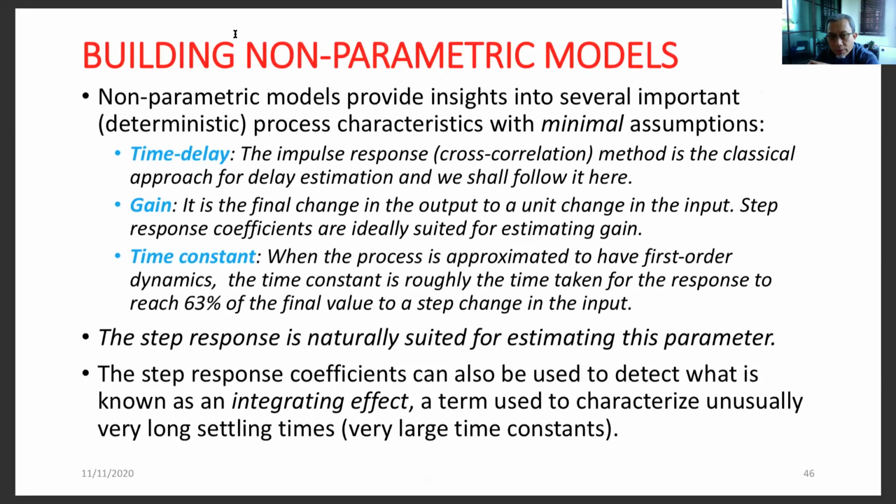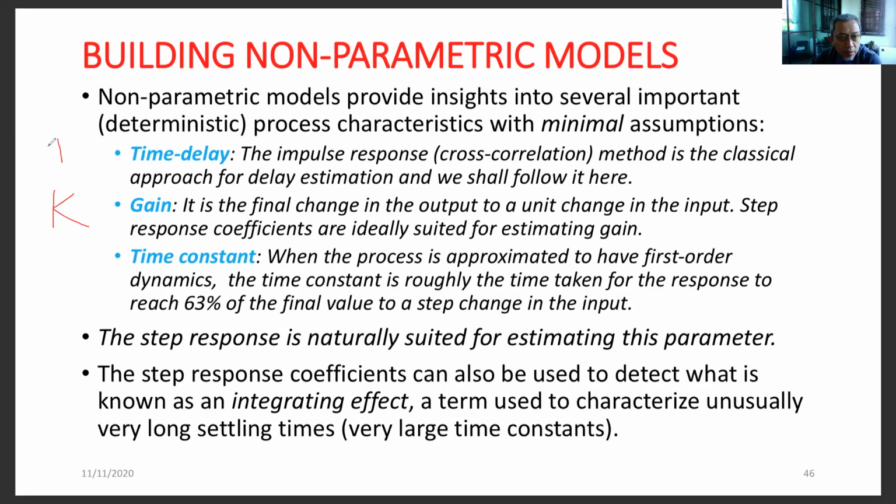So these always occur in the process system under identification. Time delay we can get by using a simple impulse response or step response, which is known as the classical approach for delay estimation. And then for gain, usually we use a step input to get the static gain, which is always referred to as K, the symbol K.